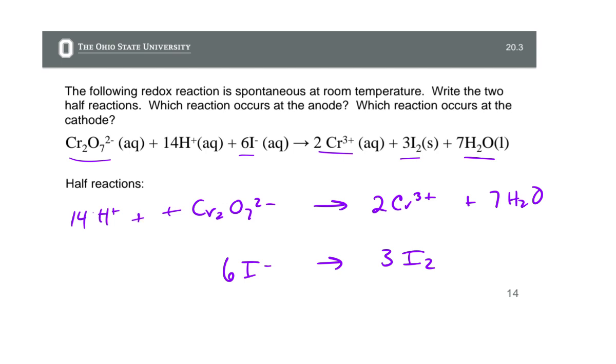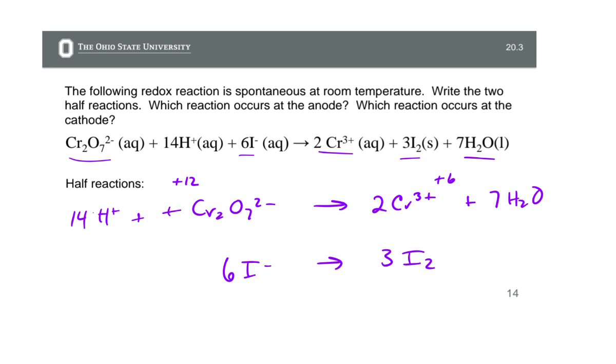Okay. And while we're here, let's go ahead and figure out the number of electrons that we need to add to balance out this half reaction. We have a total of 14 positive ions minus 2 with our dichromate, so a total of +12 in terms of charge on the reactant side, and a total of +6 on the product side, so 2 times the positive 3.